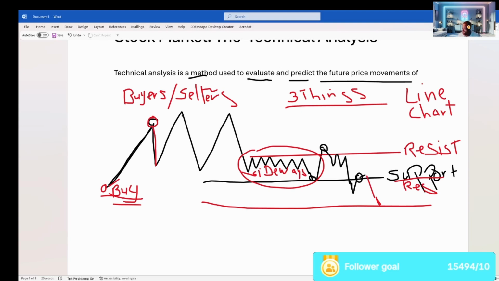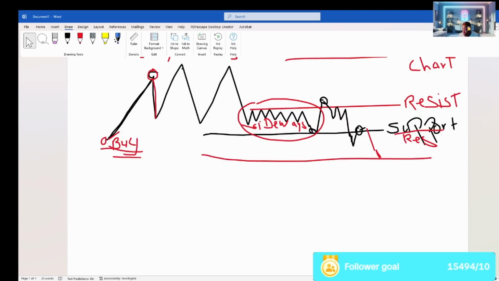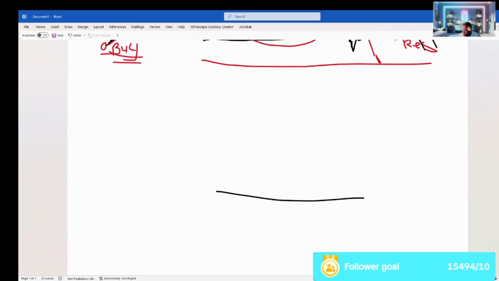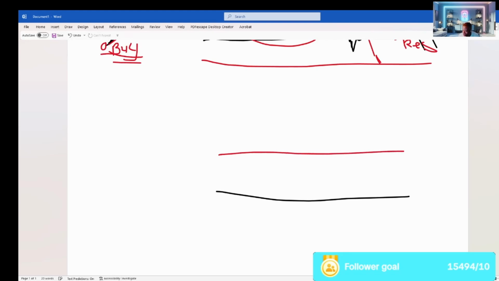Most of the time, we call these support and resistance forces. We call this one support, and we call this one resistance.